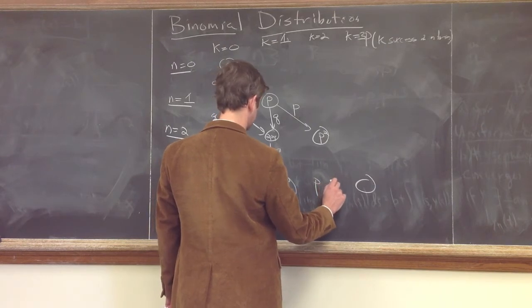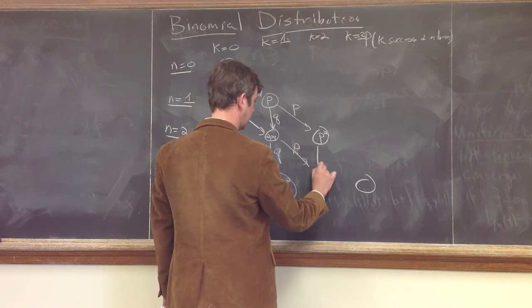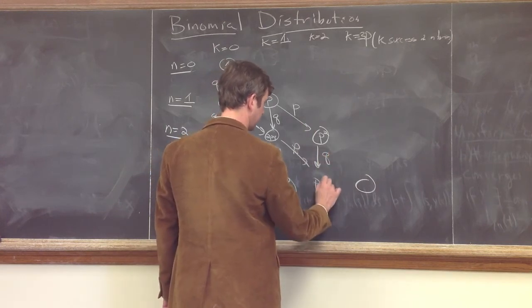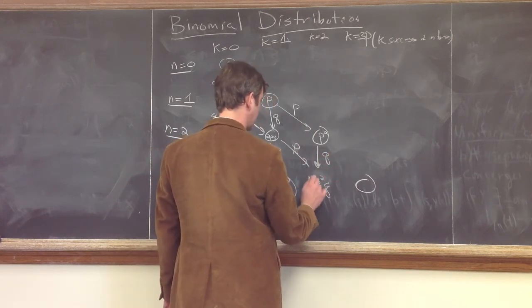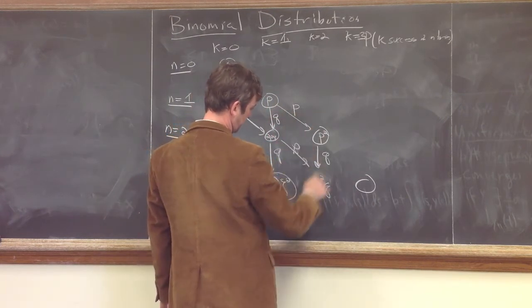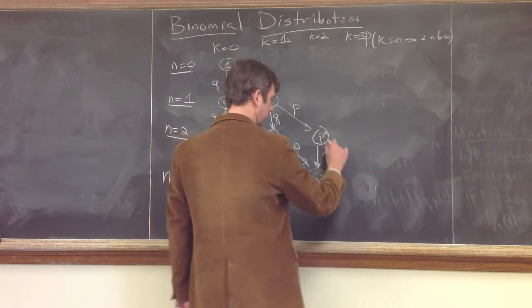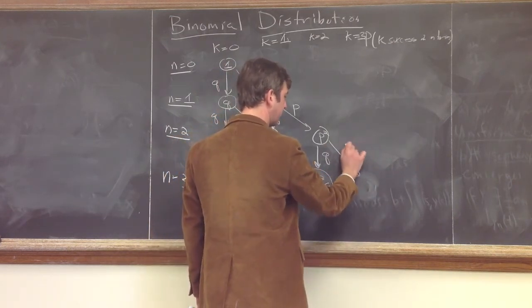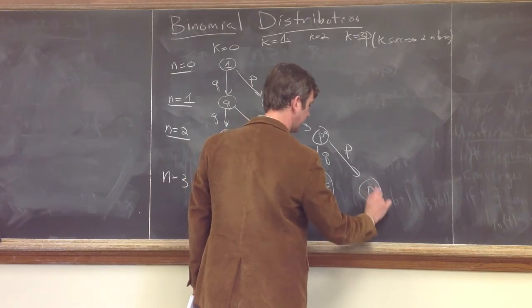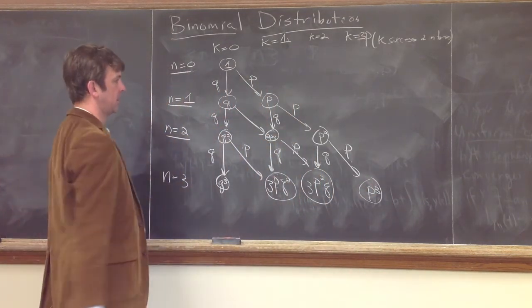Yes. This one, we're going to have q's from here, p's from here, and q's from here. And so this will be p squared q. And again, there are 2 ways to get to here, so we get 2, and then there's 1 way to here, so the total is 3. And lastly, we have just another success, which happens with probability p, and so this one is p cubed, but there's only 1 option. Okay, we can keep going.